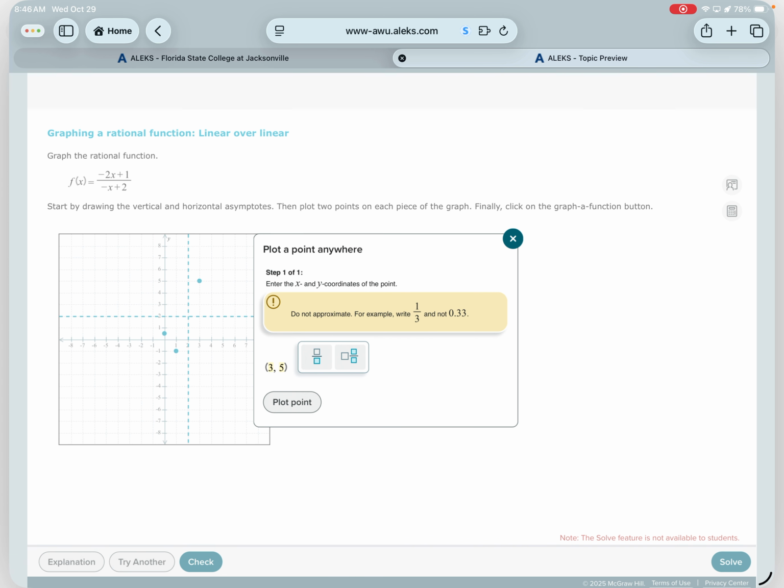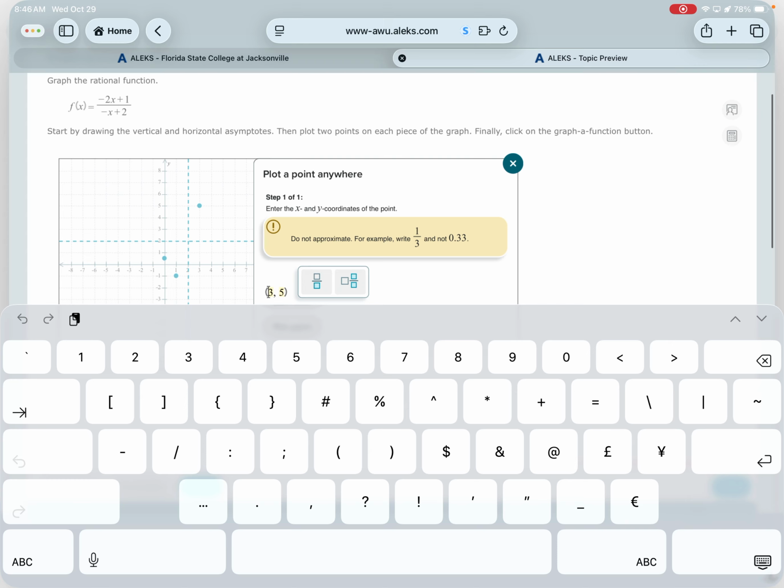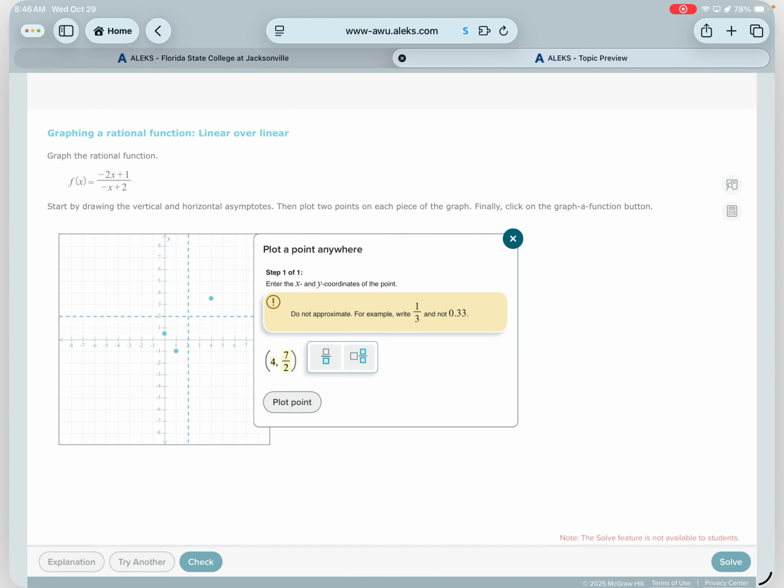Yes, sir. Okay. If I plug in a 4, negative 2 times 4 would be negative 8. Negative 8 plus 1 would be negative 7. So I got negative 7 on the top here. I plugged in a 4 on the bottom. Negative 4 plus 2 would be negative 2. So it should be positive 7/2.